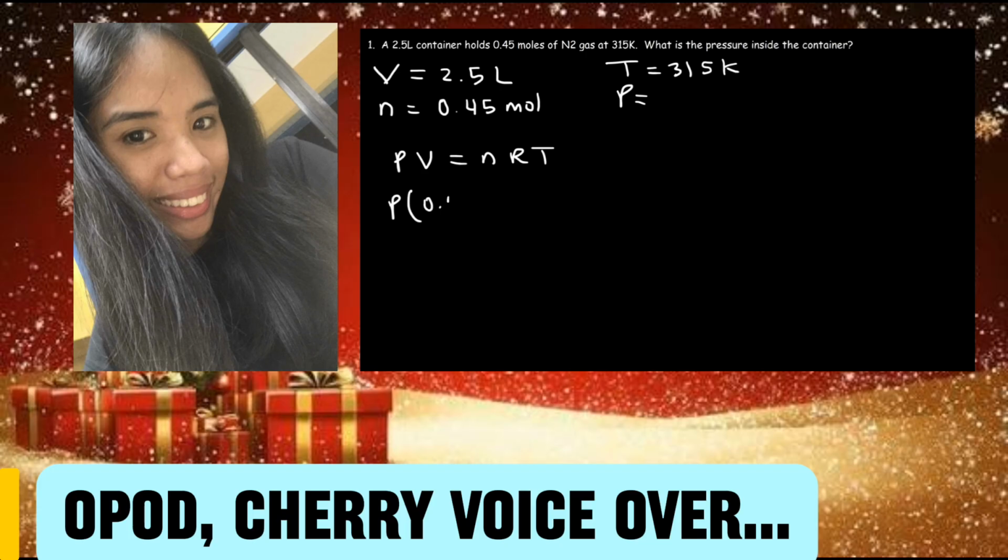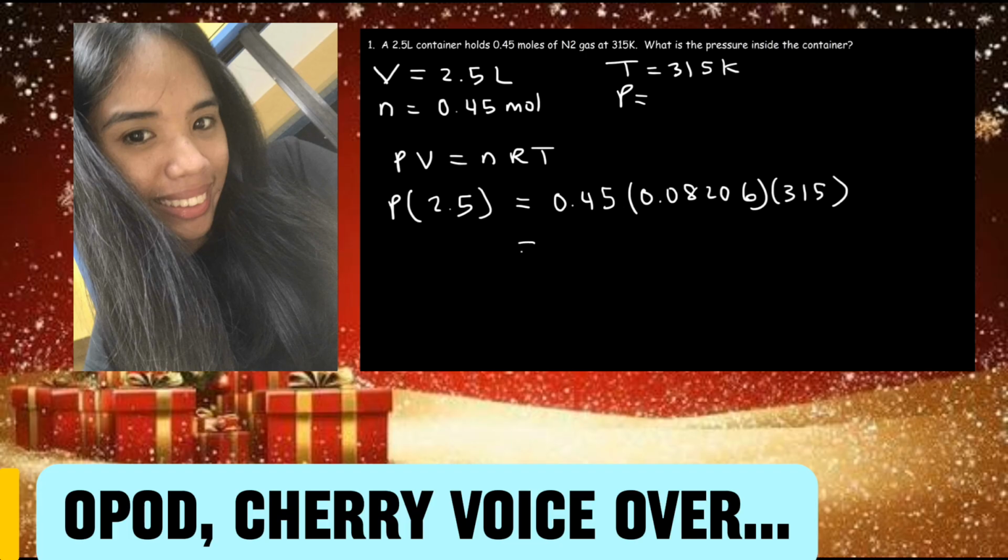V is 2.5. N is 0.45. And R is 0.08206. And the temperature is 315. So let's multiply 0.45 times 0.08206 times 315.